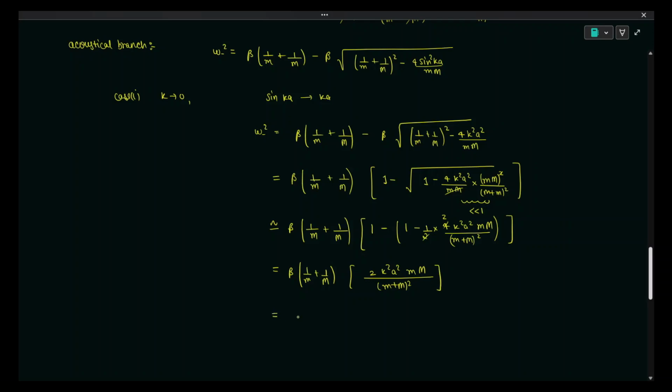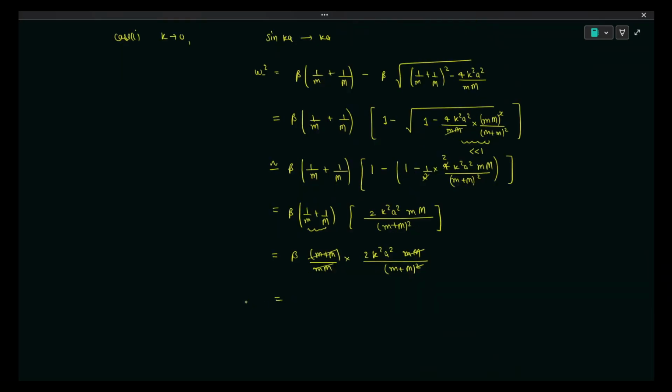Or this can be simplified, this first term is simplified to get small m plus capital M divided by small m capital M, and then 2 k square a square small m capital M. Here we have a small m plus capital M whole square, so this term will cancel out and this will cancel out this.